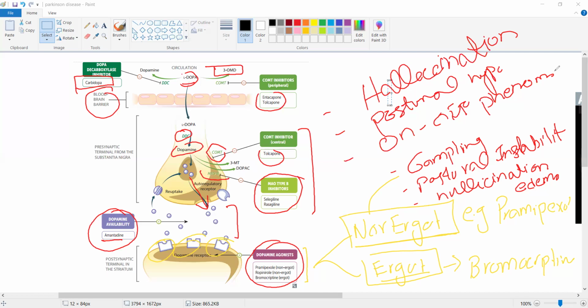This is called on-off phenomena. And when the disease is progressing, this phenomenon occurs frequently. Right? Does it make some sense? Yes. When Parkinson disease is progressing.